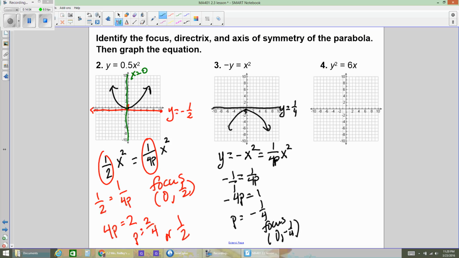It's opening down. The axis of symmetry is x equals 0. All right, let's try the next one, number 4. It's a y squared. So you should be thinking, hey, this is going to open either to the right or to the left.